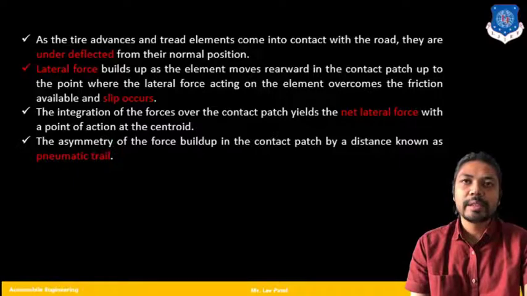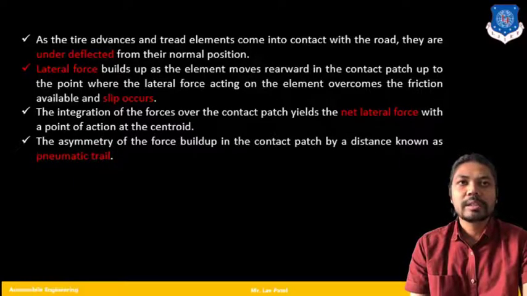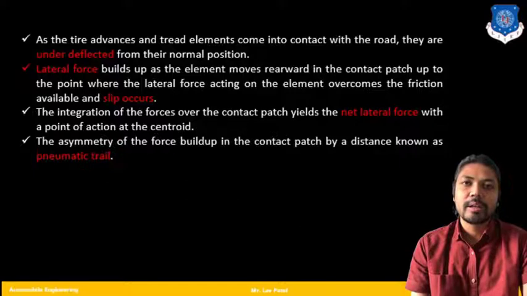Due to the asymmetry of the force built up in the contact patch, that distance is called pneumatic trail. So here you will find the pneumatic trail due to the lateral force and contact patch movement.